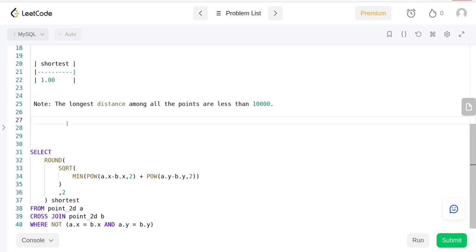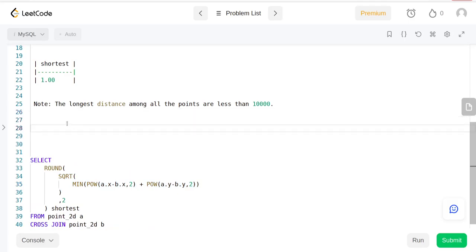As you remember, that's the way we calculate the distance. So that's what we are doing here.